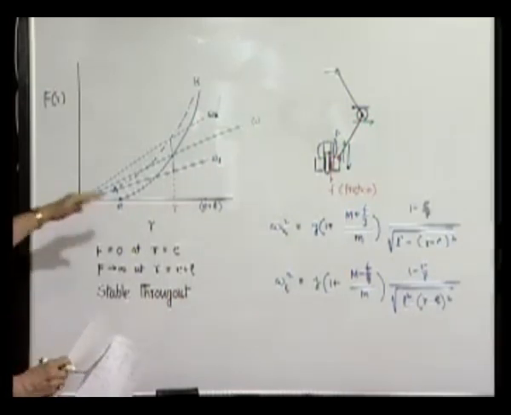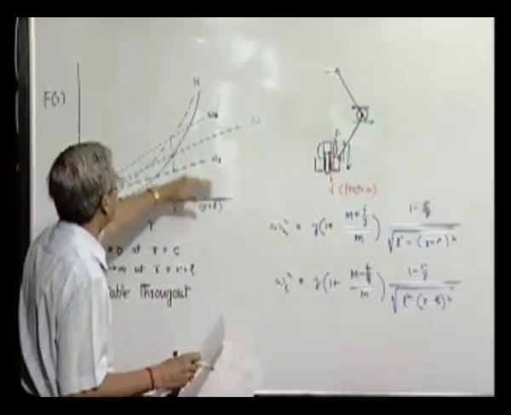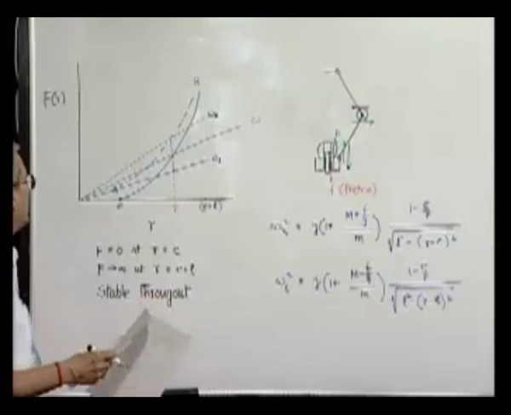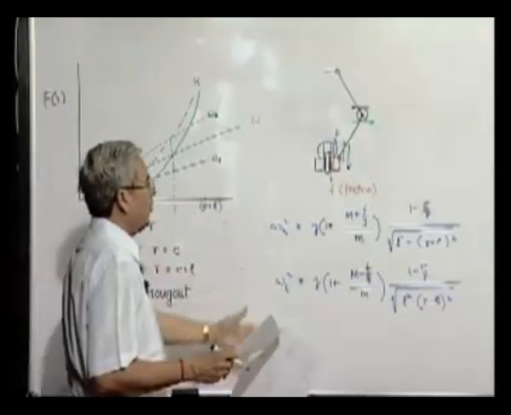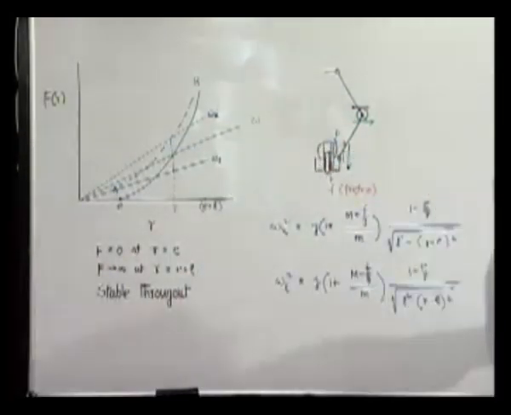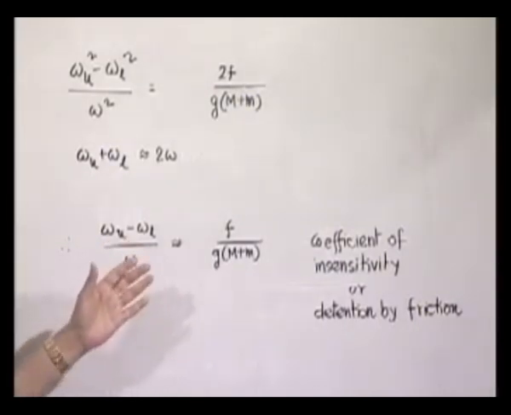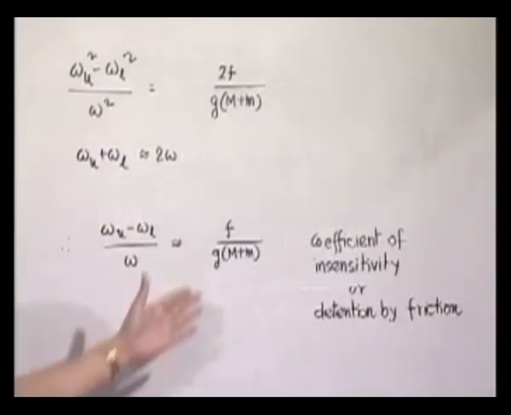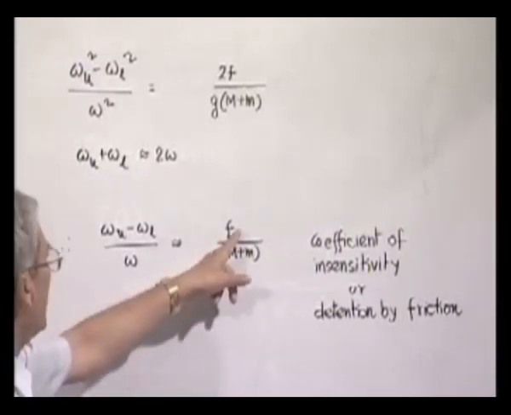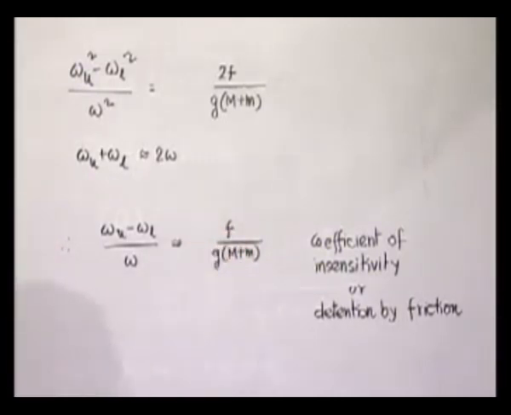It remains static for a particular range of speed, omega u to omega L, and obviously you can see that how much the insensitivity will be will depend on this particular ratio, that means the difference between the speeds divided by the operating speed or average speed, which is this, and when f is 0, as you can see, it is directly proportional to the friction force.